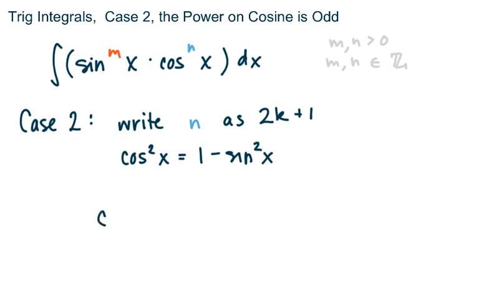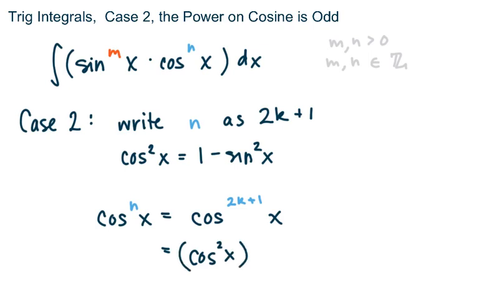That would mean that this cosine to the nth power of x could now be written as cosine to the 2k plus 1 power of x, which could be separated, and that would be cosine squared x to the kth power times cosine to the first power of x. And of course, we don't need to write this first power here.